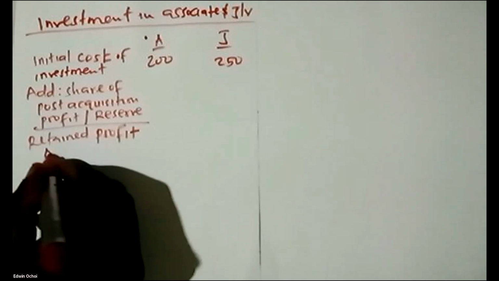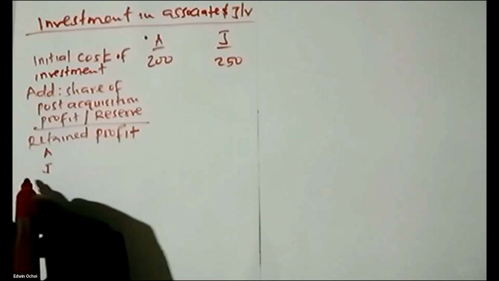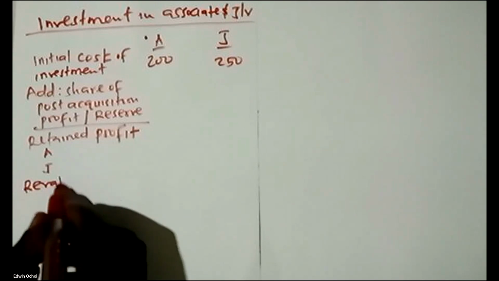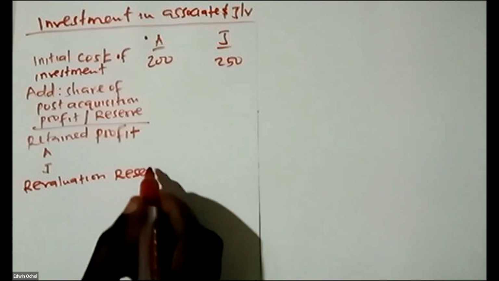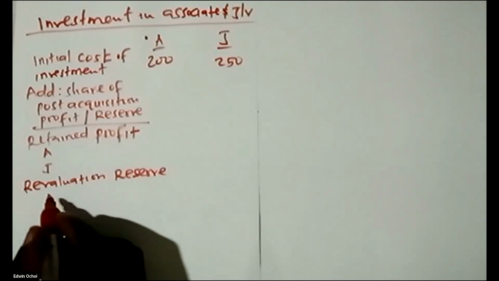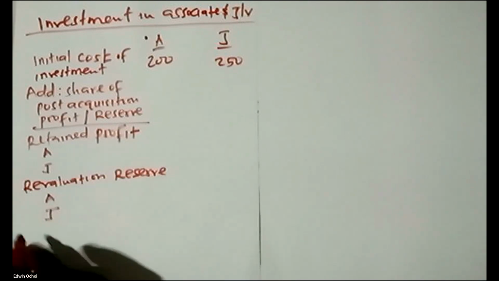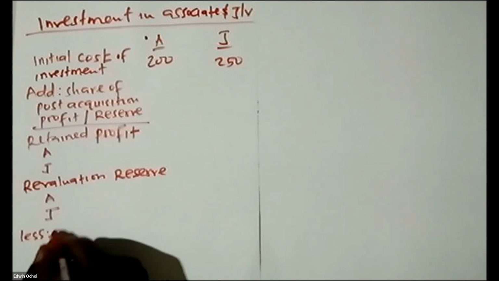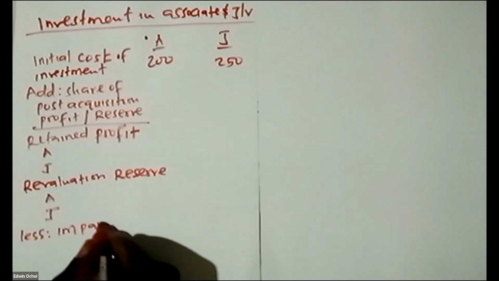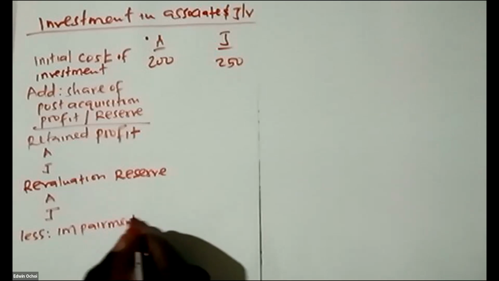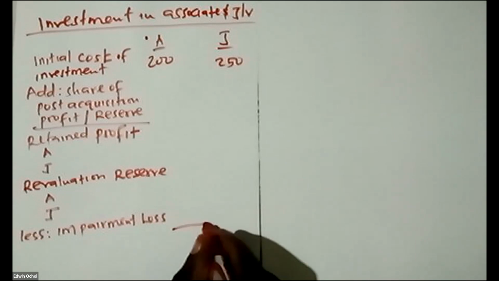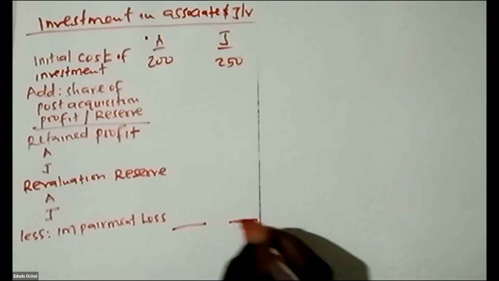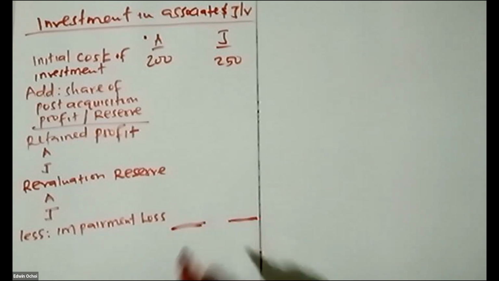Remember that we have A and J. Then the same we will do with revaluation reserve, again for A and J, but remember it's post-acquisition. Then we raise impairment loss for A and J. So this is the format. This one you will be given direct, because we have computed goodwill and we already have it.